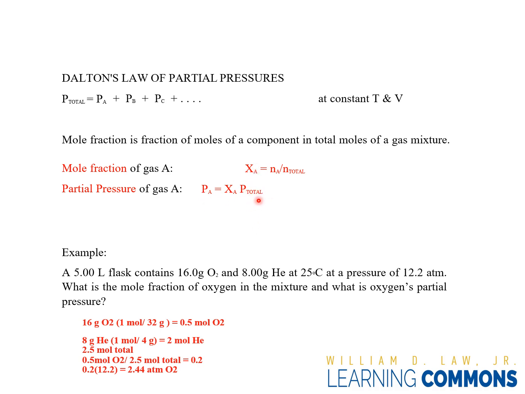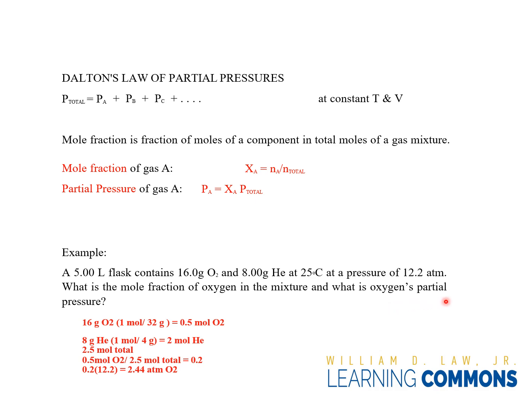Let's discover this example. A 5-liter flask contains 16 grams of oxygen and 8 grams of helium, at a temperature of 25 Celsius and a pressure of 12.2 atmospheres. Here he asks you, what is the mole fraction of the oxygen in the mixture, and what is the oxygen partial pressure?